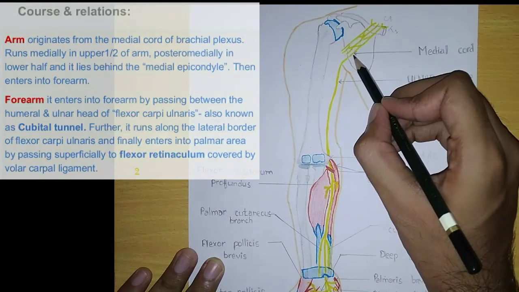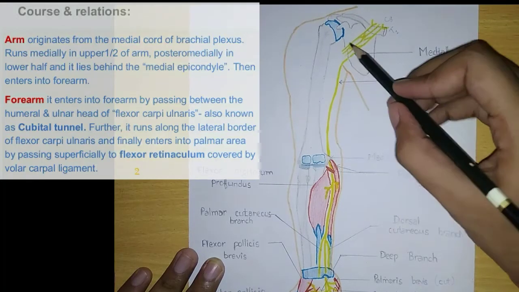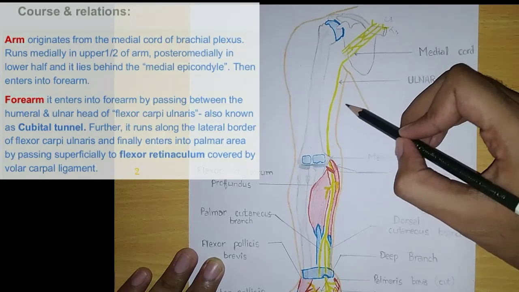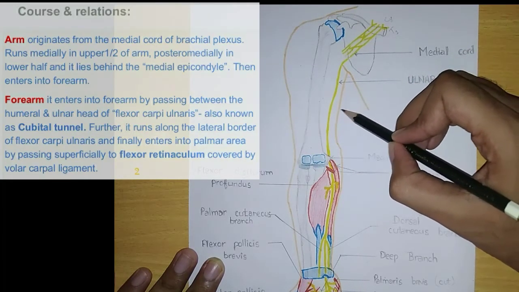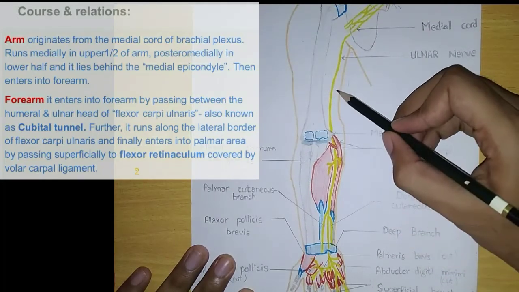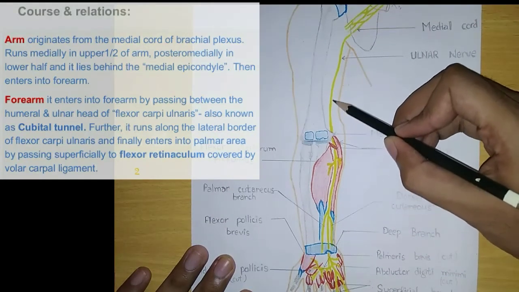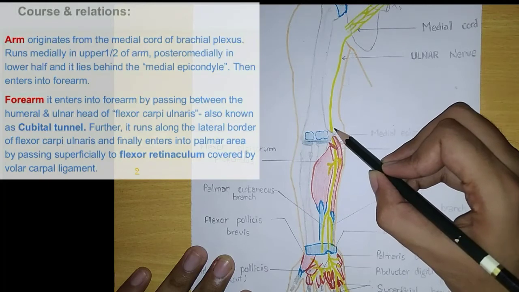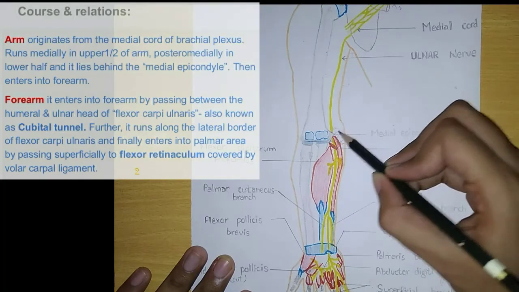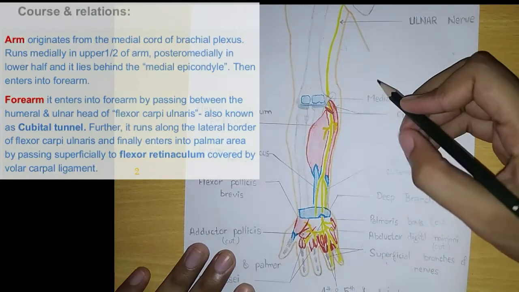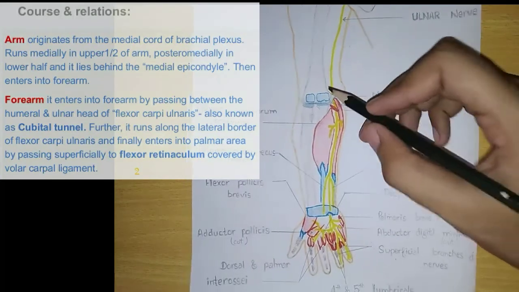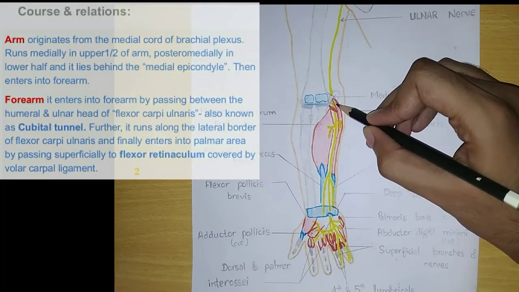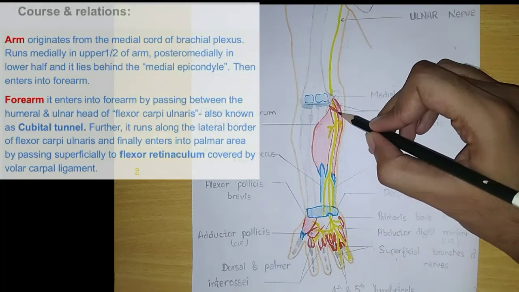It takes origin from here, and it runs medially along the upper half of arm, and it runs posterior-medially in lower half of the arm, and it lies behind the medial epicondyle, or you can say it runs posteriorly to the medial epicondyle and then enters into forearm by passing between the two heads of flexor carpi ulnaris.